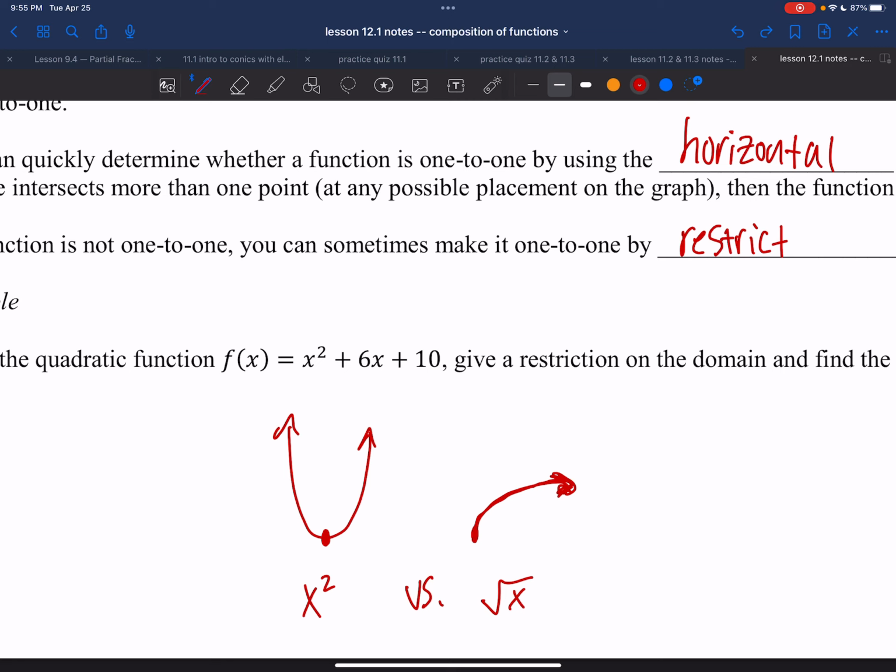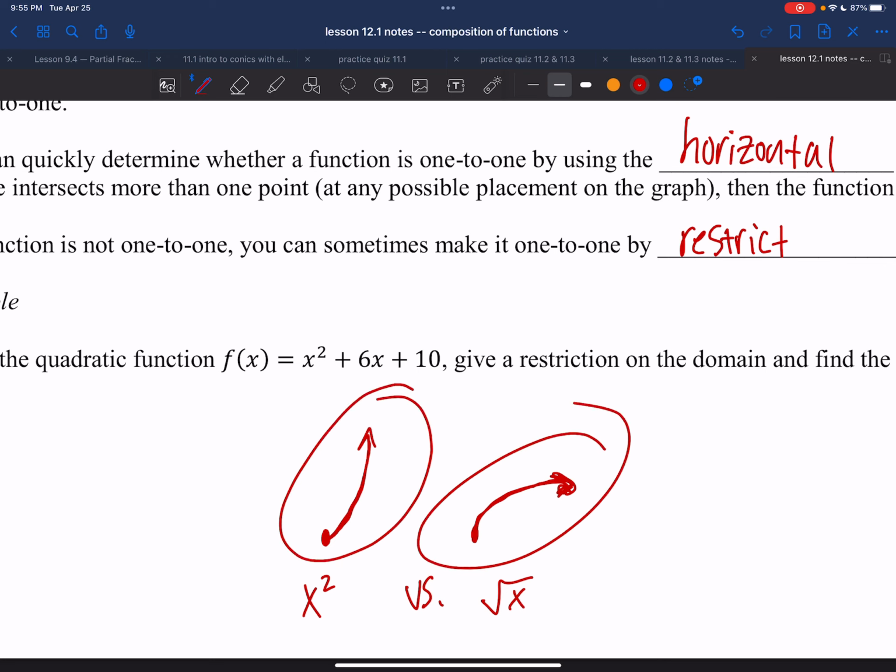Well, it's the positive leg. So what you have to do is restrict the parabola so it's just the right leg. And now this and this are inverses. But what you've done is you said, okay, yes, it's the function x squared, but only for a particular domain, only for a particular interval, not for all real numbers.